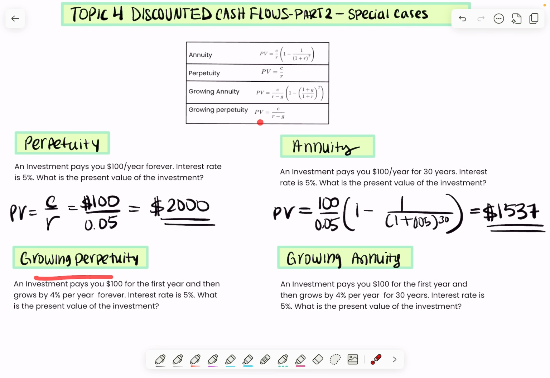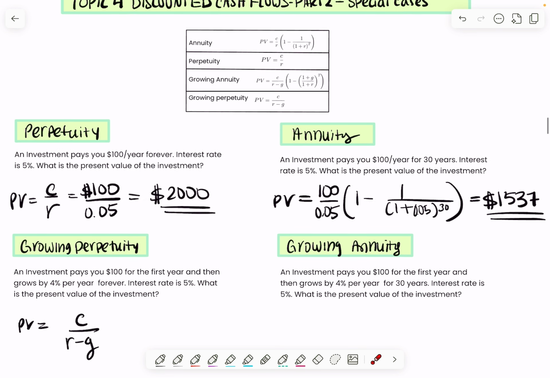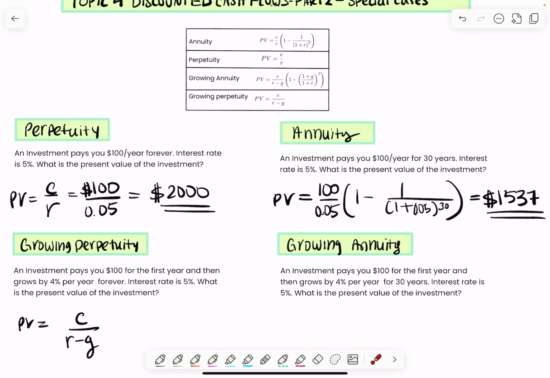Now this one's a growing perpetuity, so it's going to be present value is equal to cash flow over R minus G. So growing means that the amount of cash that they're paying you is growing because they give you a growth rate. So it's $100 divided by the normal rate, which is 5%, the interest rate, and then minus the growth rate, how much it's going to grow per year, so 0.04.